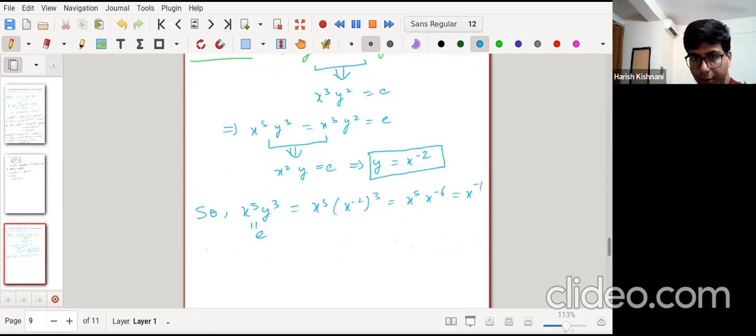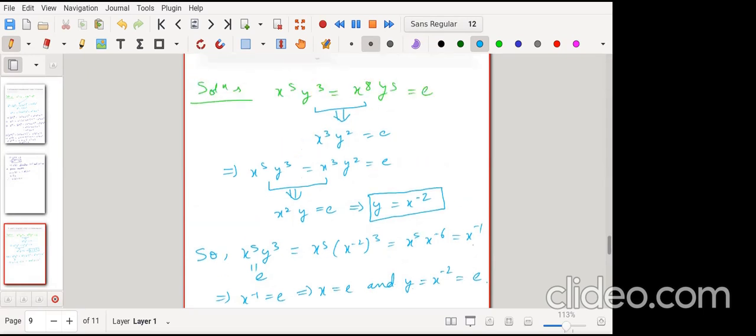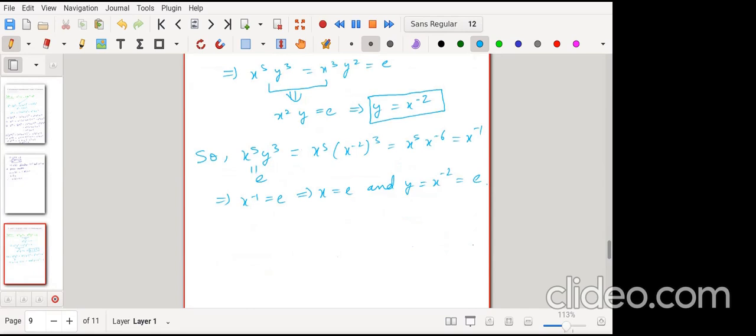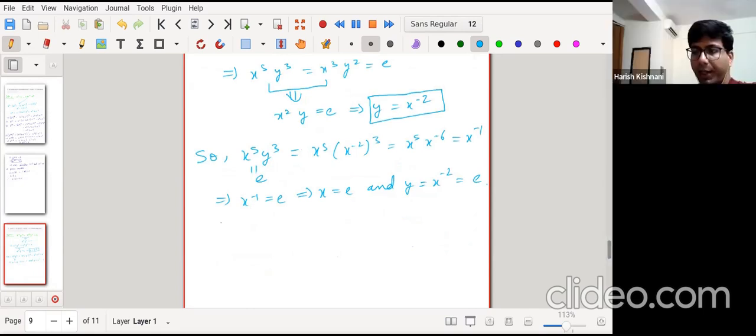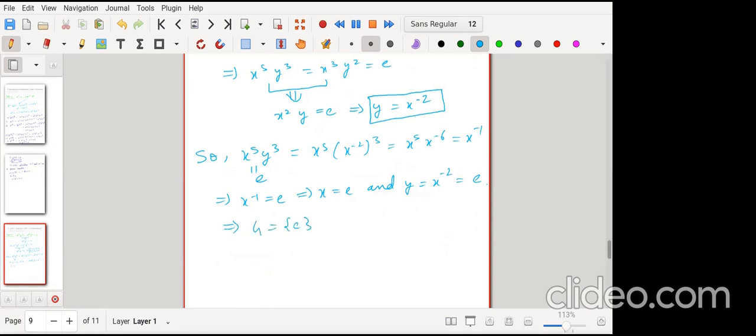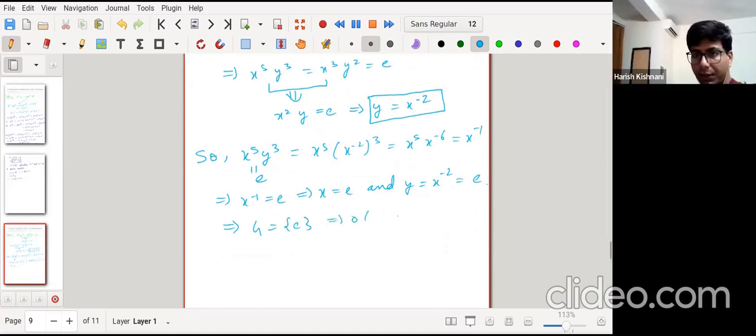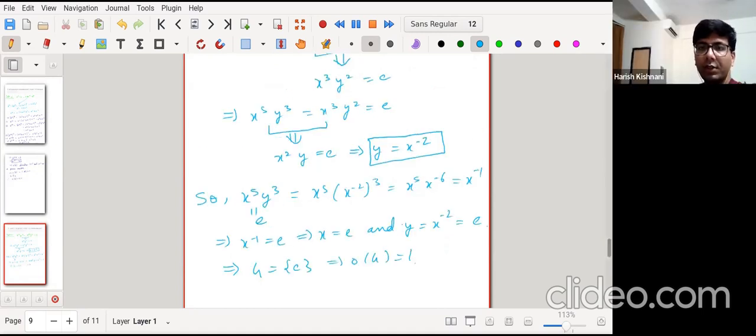So we get x inverse is equal to identity, that implies x equals identity, and y, which was x minus 2, will also be identity. So the group generated by identity is nothing but the trivial group. So it implies the order of G is 1.